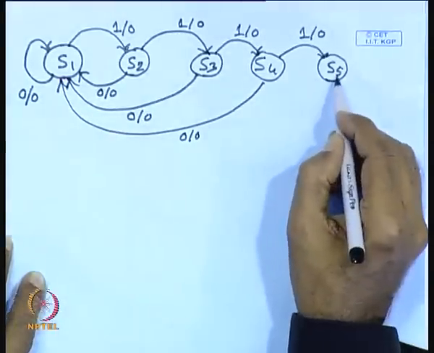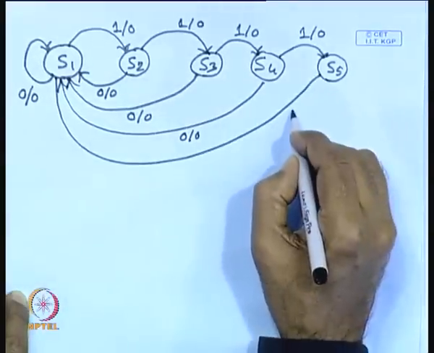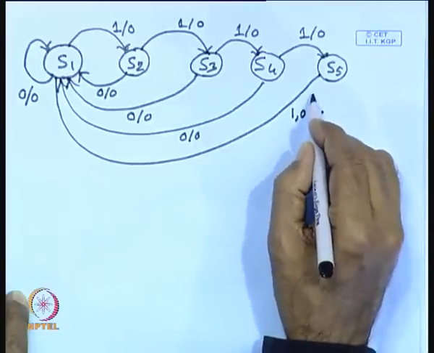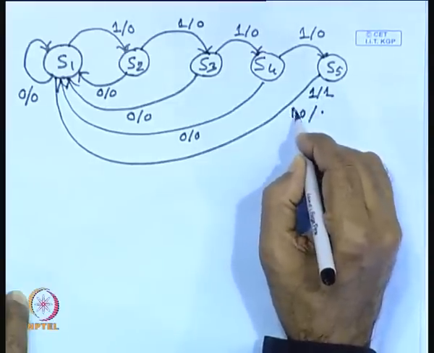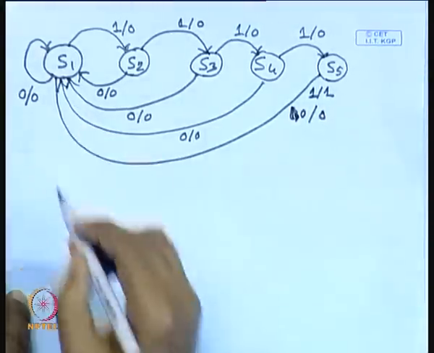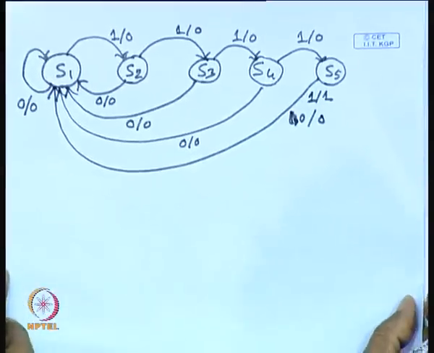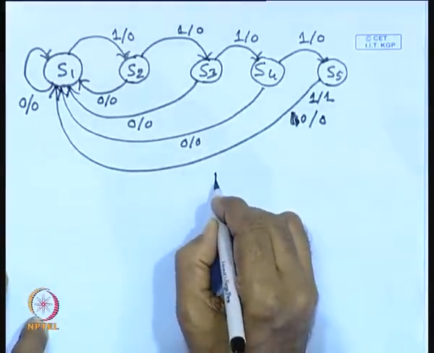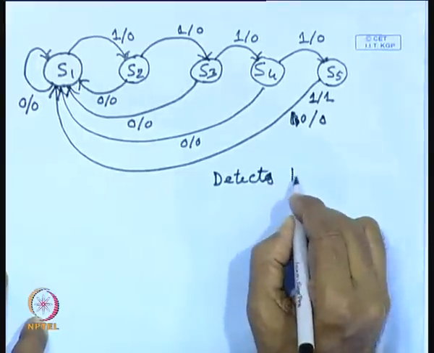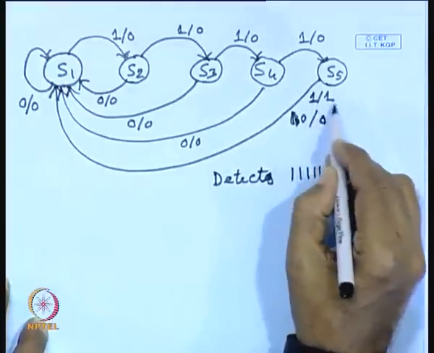When it is in state S5, irrespective of whether a 1 or 0 comes, whenever 1 comes it will produce 1, and whenever 0 comes it will produce 0, and it will go back to state S1. So, this is the state transition function of this finite state machine, which detects the occurrence of 5 ones, and whenever 5 ones occur, as you have seen, it produces a 1.